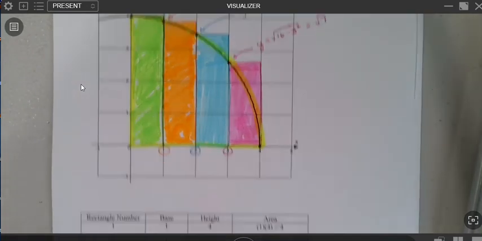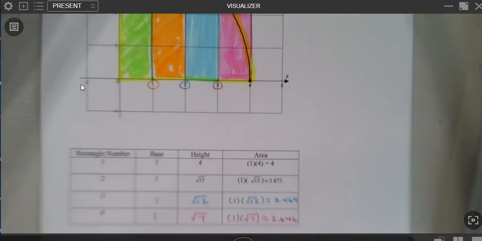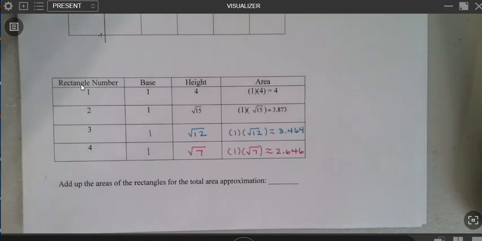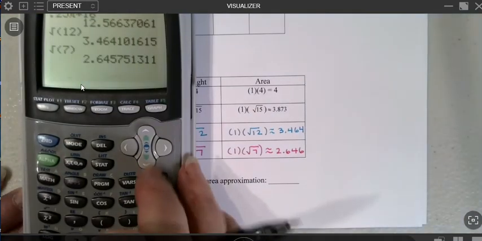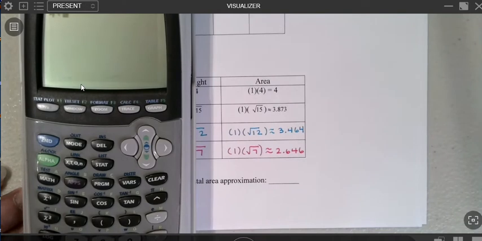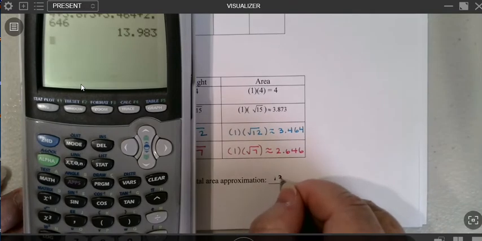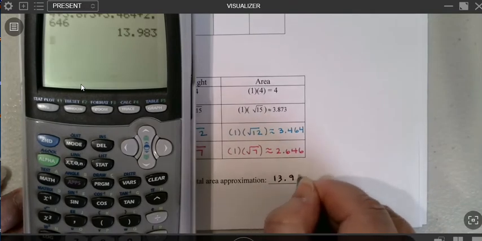So let's do that. If I add up all 4 areas, I have 13.983.